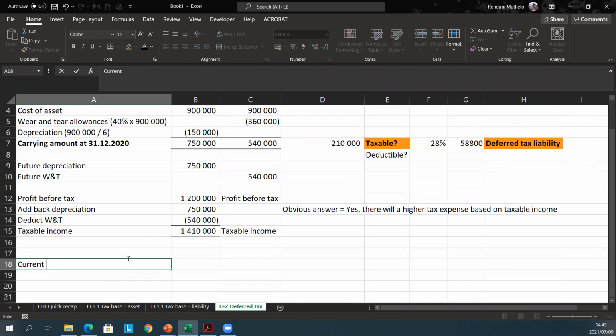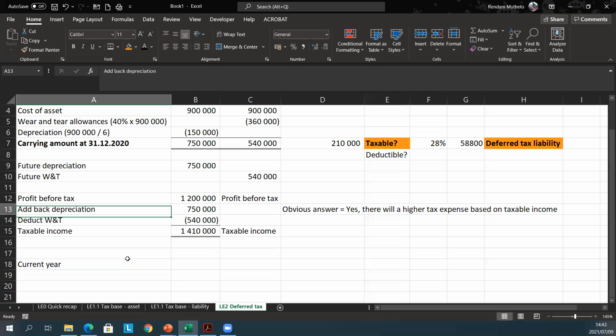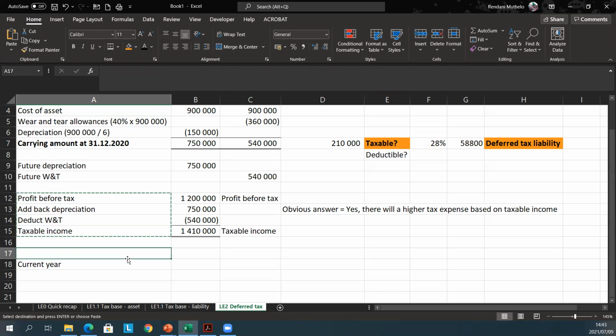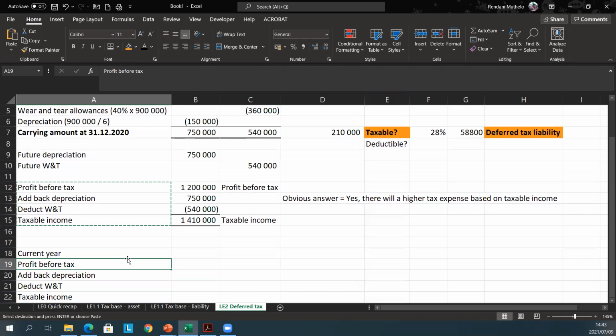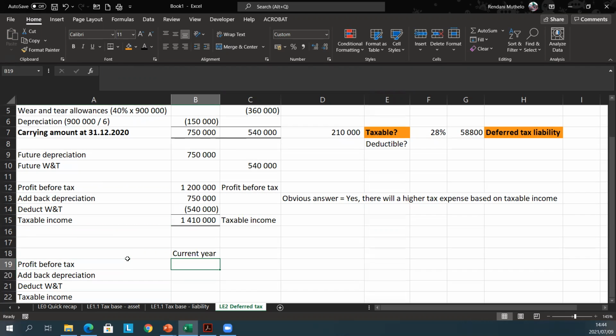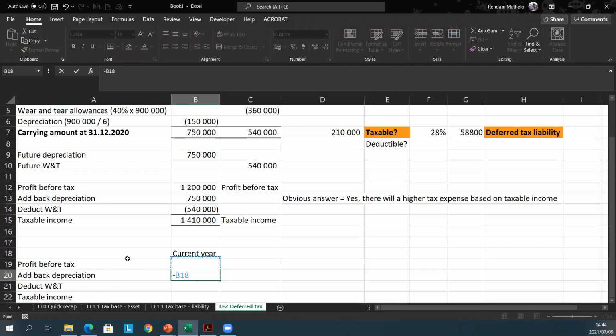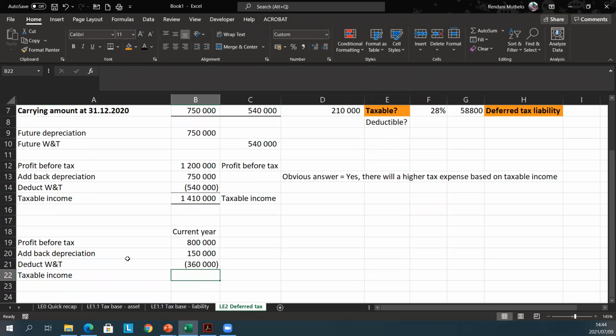So under the current year, we will then have profit before tax of 800,000. And we're going to add back the depreciation of 150, and we're going to deduct wear and tear of 360. The reason we add back is because SARS does not have depreciation. So they are saying, I don't want that, add that back, and I'll give you wear and tear.